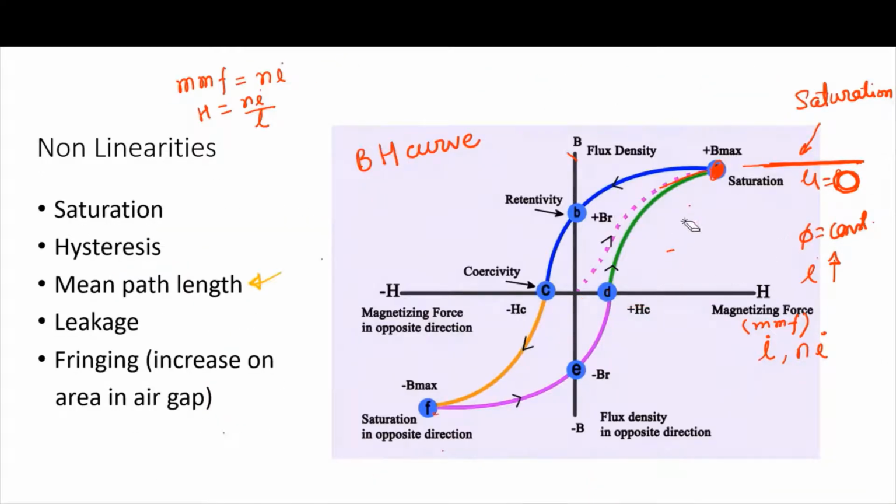There is something called leakage. Typically, you don't want your flux lines flowing around everywhere, otherwise they may interfere with something else.